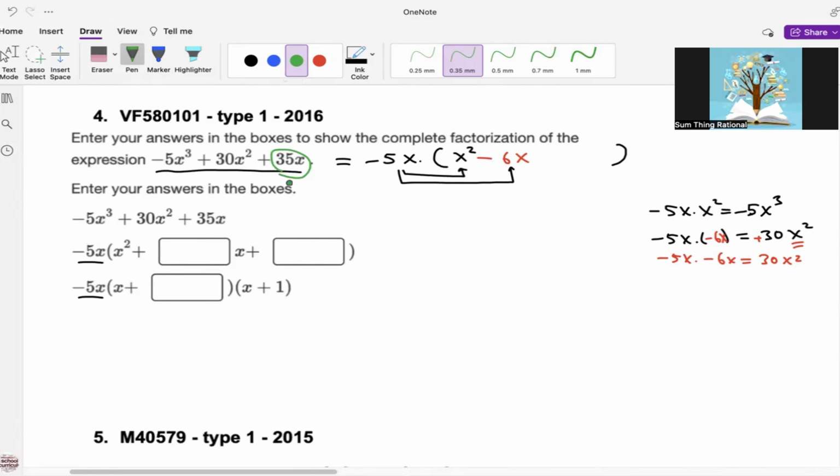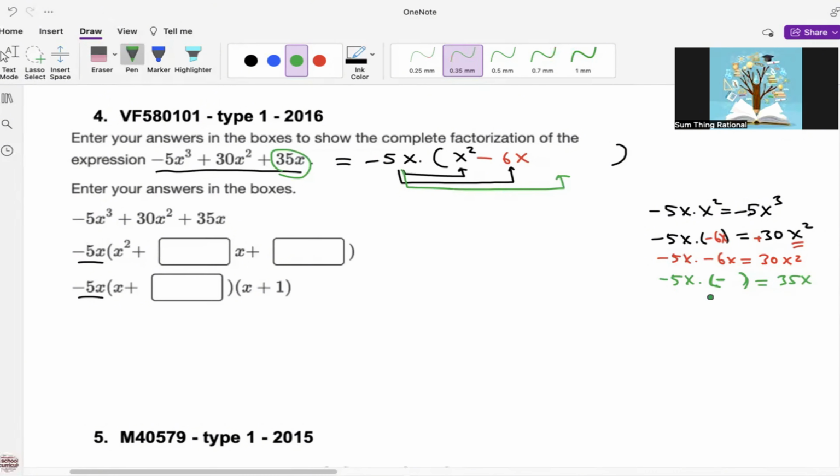What about how I can get 35x? Negative 5x multiplied by what, question mark, gives 35x? The result is again positive, so inside the parentheses I need to put a negative number again, because negative and negative give a positive result.